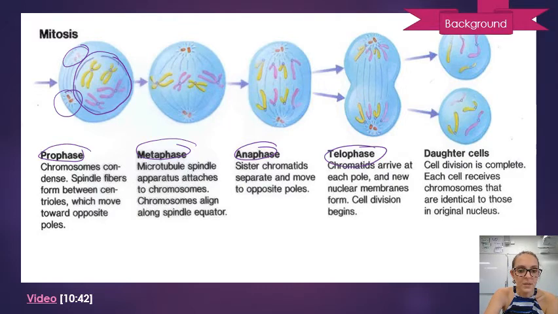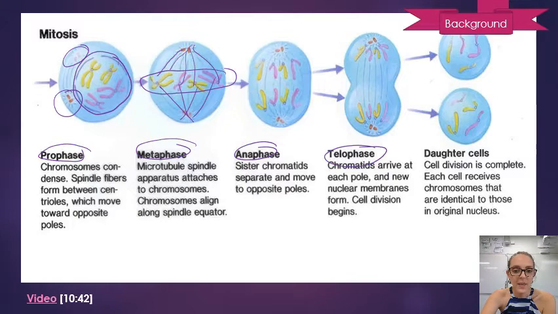In metaphase, your chromosomes have now left the nucleus and they're lining up in the middle of the cell, which we call the equator. It's important to remember too that we actually have 23 pairs of chromosomes here. We don't have 4, but for the ease of showing this, we simplify it. Now they align at the equator and these spindle fibers form, and they're going to come along and grab onto our chromosomes that are at the middle.